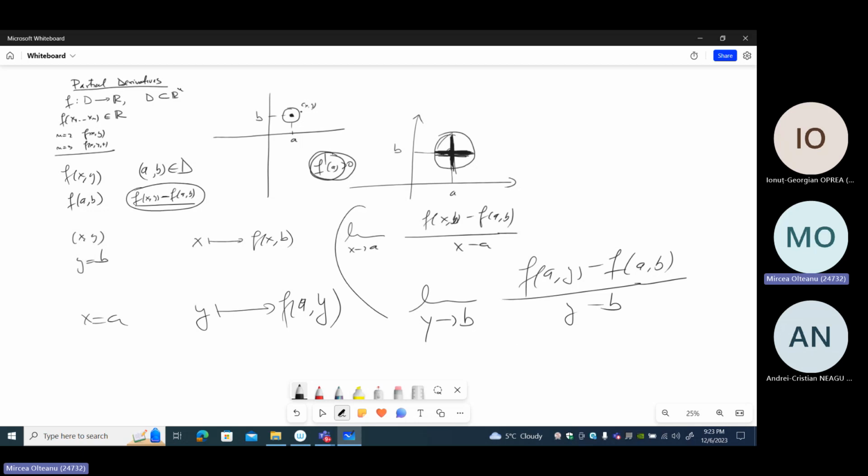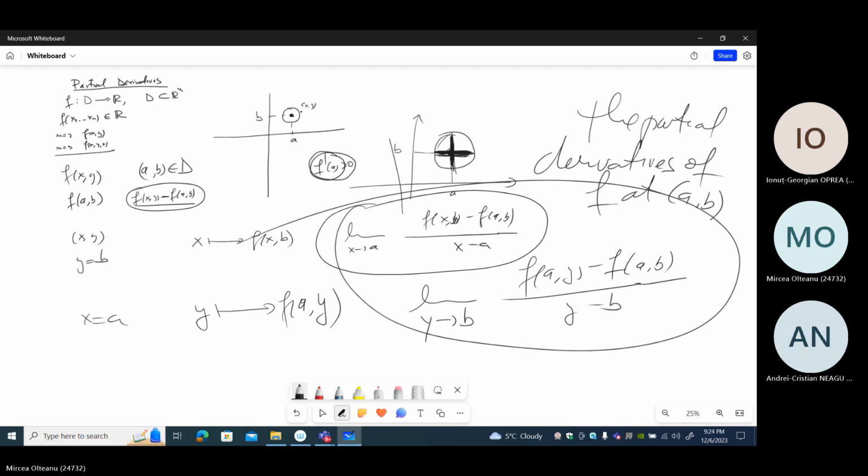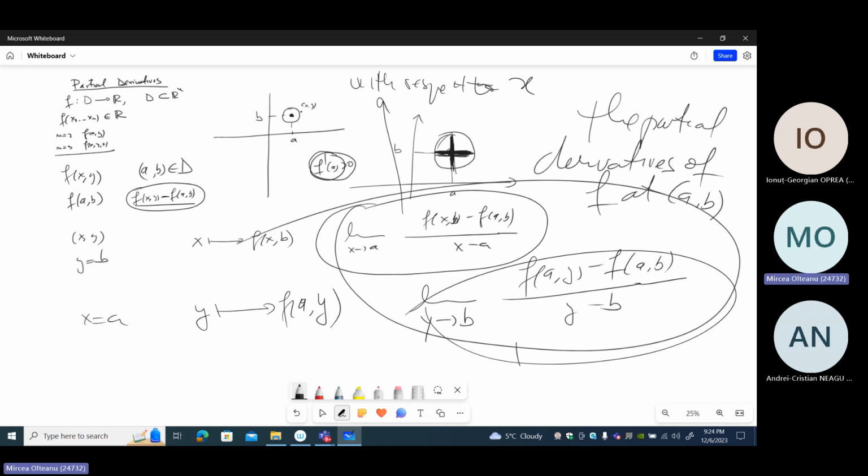And now these two numbers are called the partial derivatives of the function f at the point (a, b). More precisely, this is the partial derivative with respect to the variable x, and this is the partial derivative of f with respect to the variable y at the point (a, b). And they are numbers.